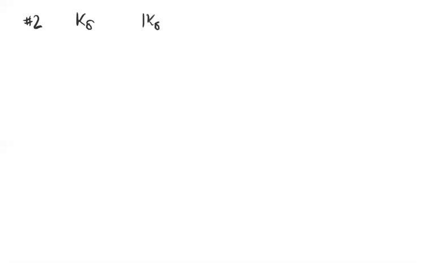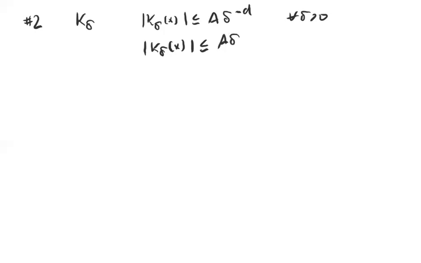First, the absolute value of K delta of x is less than or equal to some constant A times delta to the negative D. For all delta greater than 0, it is also less than or equal to some constant A times delta over absolute value of x to the D plus 1, where D is the dimension.